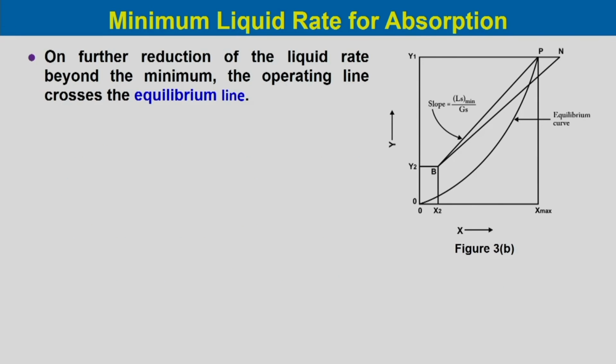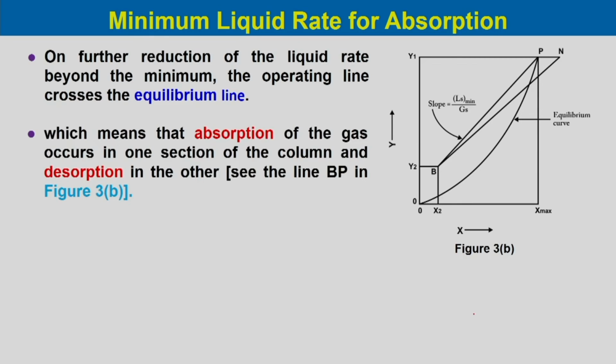Now, if we further reduce the liquid rate beyond the minimum, the operating line will cross the equilibrium line like over here, which means that the absorption of gas occurs in one section, from here to here, because for absorption the operating line will lie above the equilibrium line, and for stripping the operating line will lie below the equilibrium line.